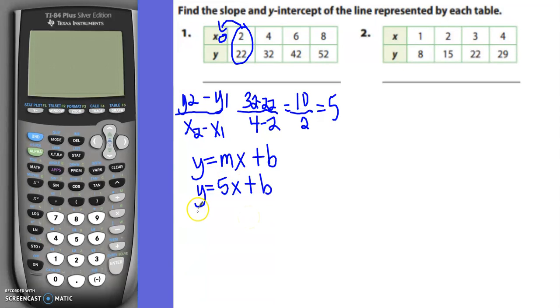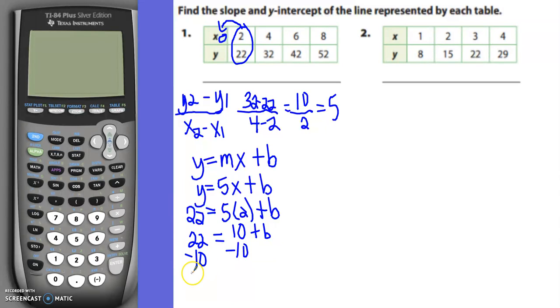So we have y is 22, our x is 2, 5 times 2 is 10, then we got to subtract 10 from both sides. We get 12. Alright, so writing it down, we have y equals 5x plus 12. Let's take a look at the next one.